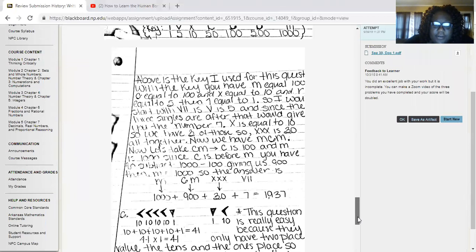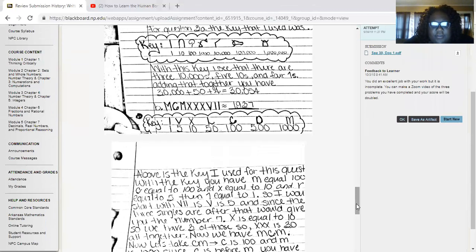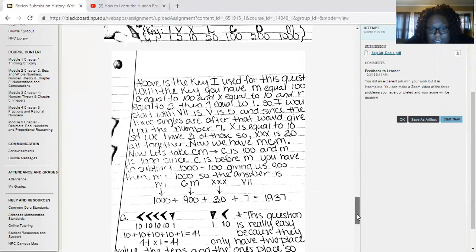With the key that I made, the 1 equals 1, the V equals 5, the X equals 10, my fancy L equals 50, my C equals 100, and then my circle equals 500, and then my M is 1,000.